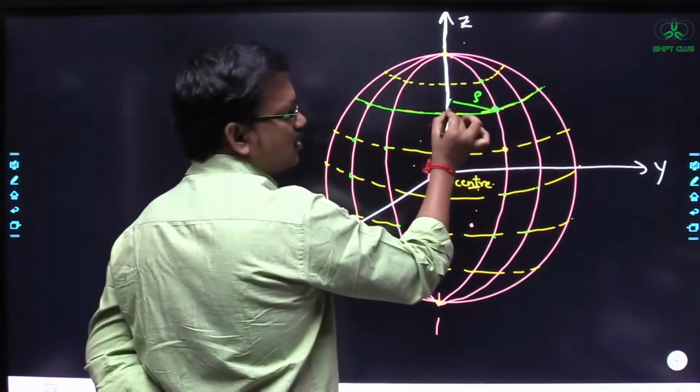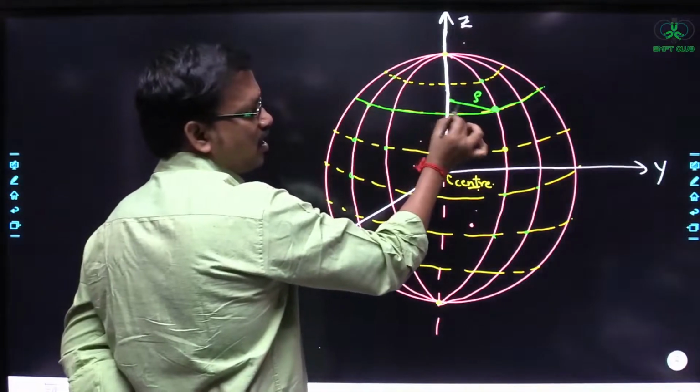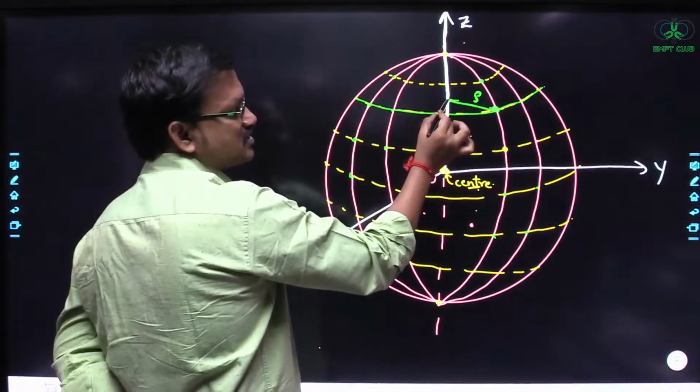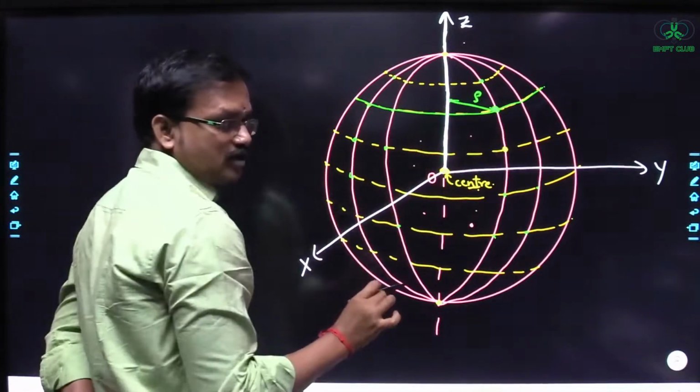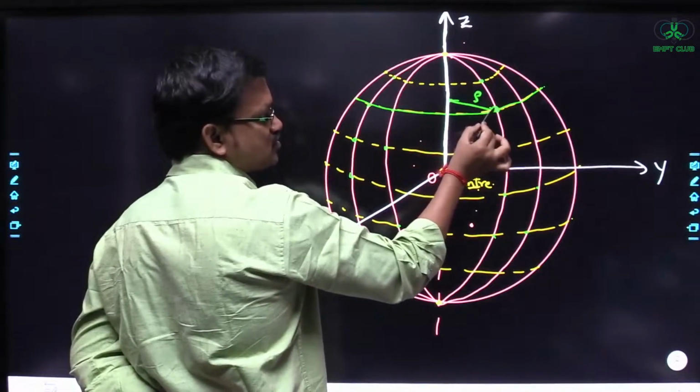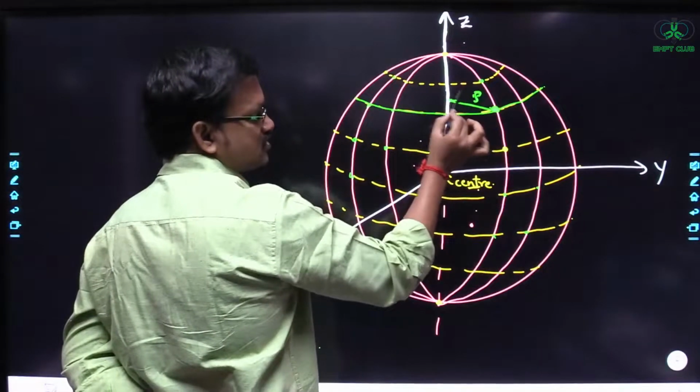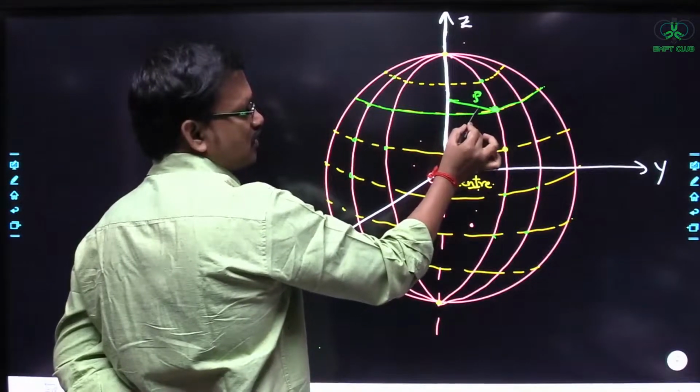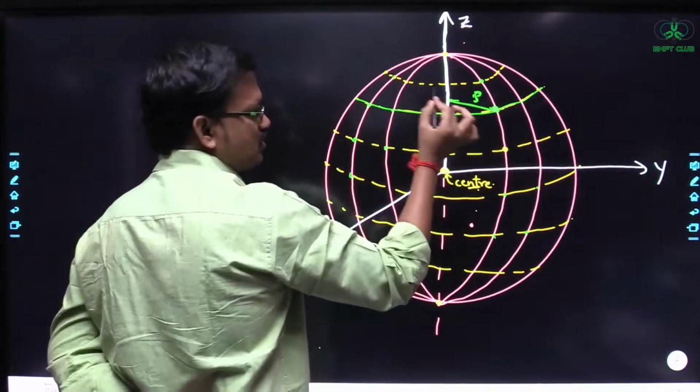It is the normal distance from the z-axis to this point. So the normal distance from the z-axis to this point is rho, where rho is the radius of this horizontal circle.